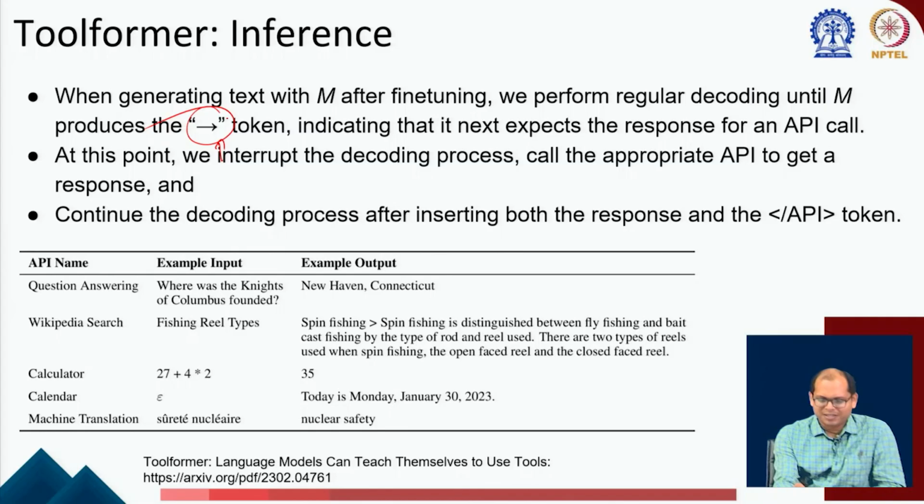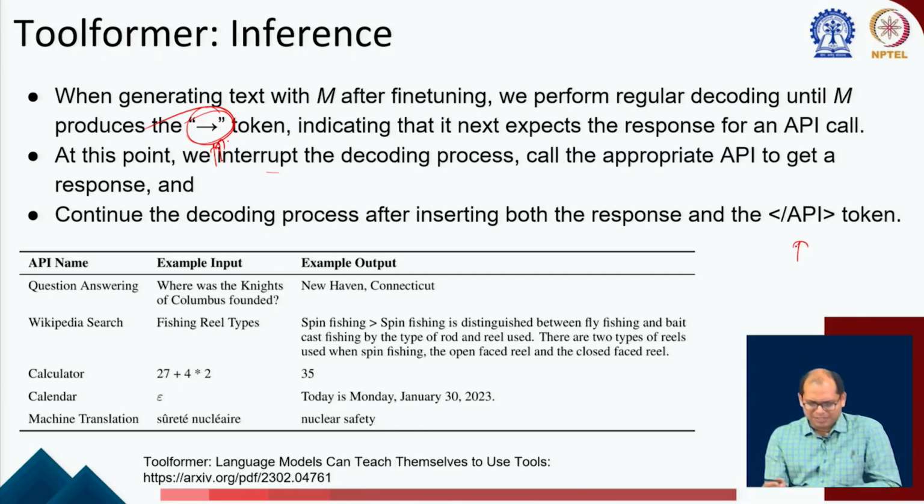So whenever it generates this right arrow token, we interrupt the decoding process, call the API that is already generated, get a response, put it after this, and now continue decoding. So we stop decoding only after this, because it has to first generate the API call and all the parameters, and then the token for the result. Then you stop, execute the API, get the result back, and now it will continue, inserting both the response and the end of API token.